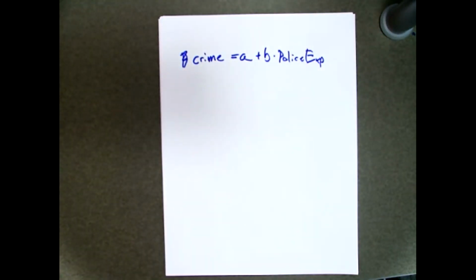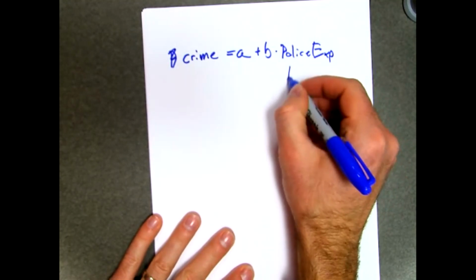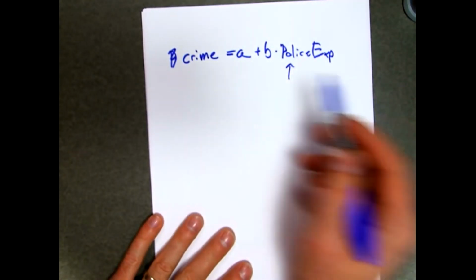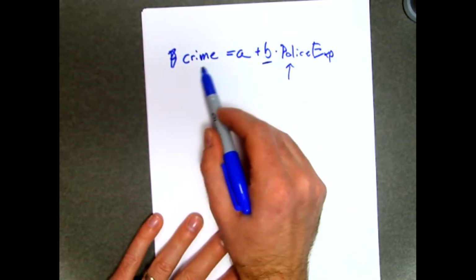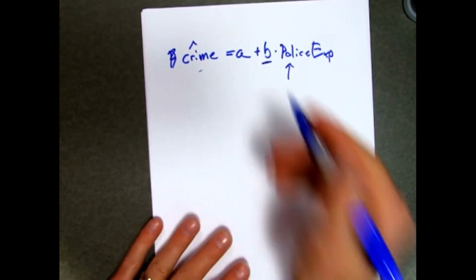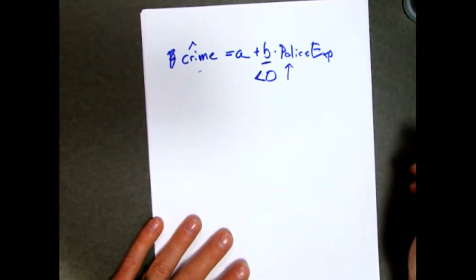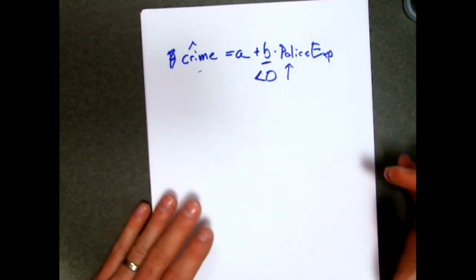So you would think if a county or a state, whatever level we're looking at, were to spend more money on their police force, what do you think would probably happen to the predicted crime rate? Intuitively, you would think that this is probably negative, right? You spend more money on your police force, crime rates go down.